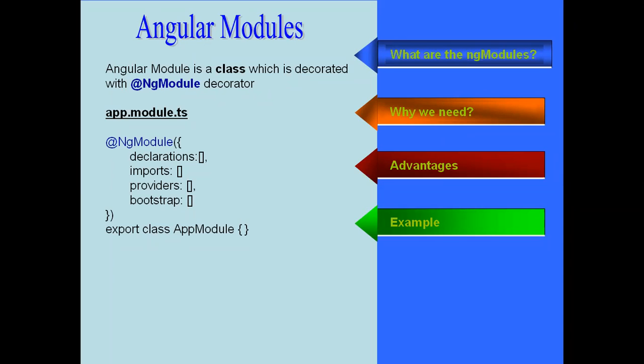Wherever you find @NgModule, we can understand that this class is a module class. It is simply a class like any other class, but it is decorated with @NgModule. So by definition, an Angular module is a class which is decorated with the NgModule decorator.